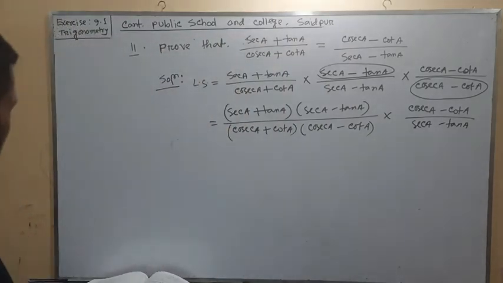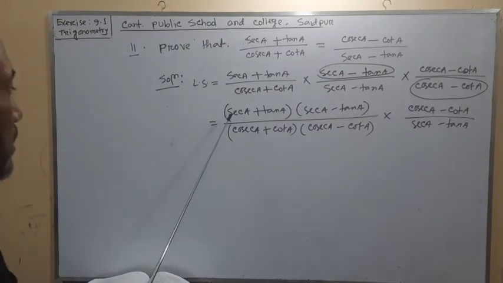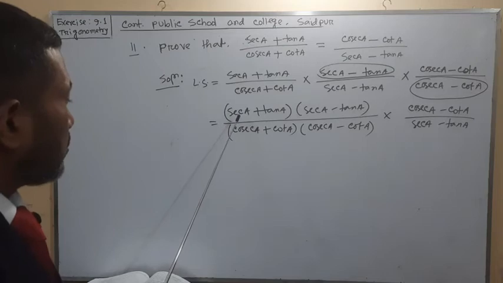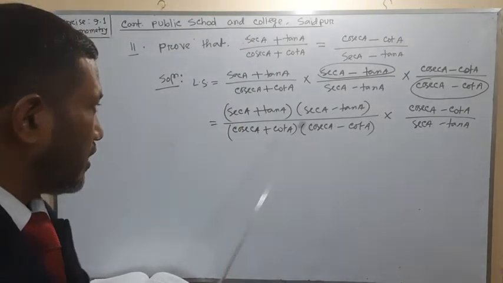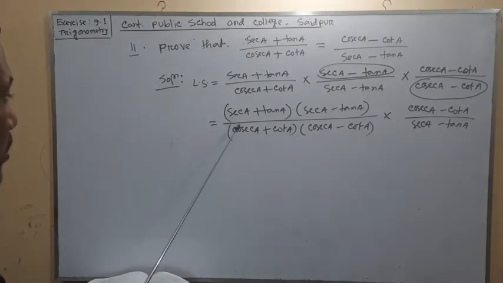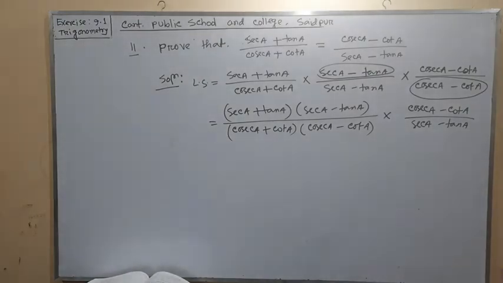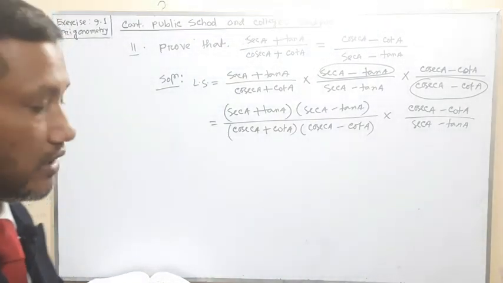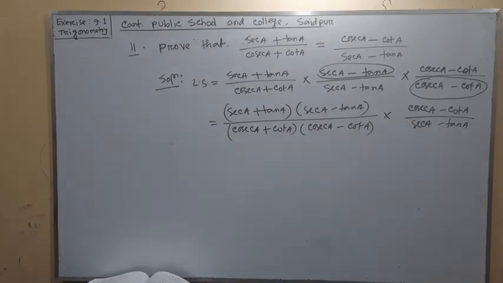Dear learner, we are seeing here sec a plus tan a into sec a minus tan a. This is the form of formula a plus b into a minus b, that is a square minus b square. If we apply this formula, then we get sec square a minus tan square a. We know sec square a minus tan square a is equal to 1. Similarly, we get here cosec square a minus cot square a is equal to 1.